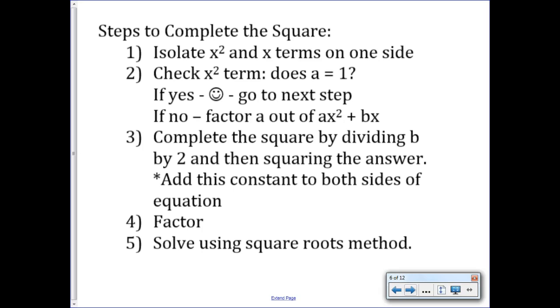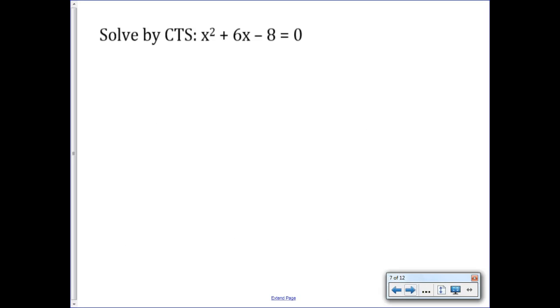Okay, so that sounds like a lot of steps. Let's go through this process together. So solve by completing the square. First step, move that constant over to the other side. To move it to the other side, I would add 8. So I'm going to leave this as x squared plus 6x on the left. And I'm going to leave a blank here for what I add in because it helps me to remember.